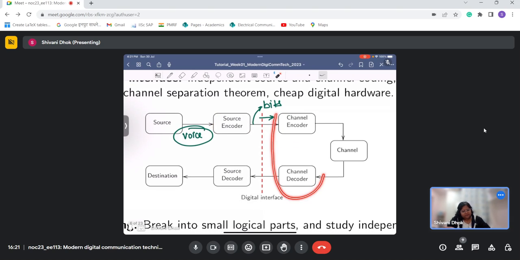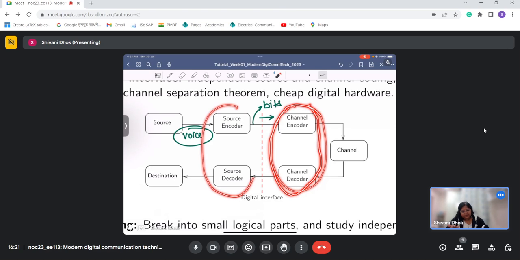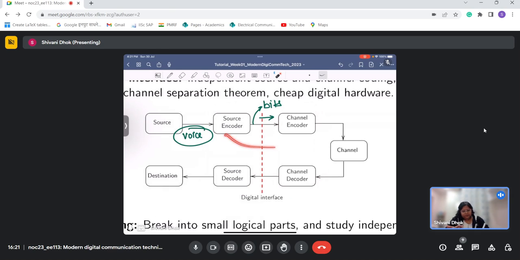However, these blocks should know, since these are duals of each other, how each other functions. Similarly, these are duals of each other, so they should know how they are functioning. But knowledge of the functioning of this may not be needed while designing this. Similarly, how this is designed should not be known by this source encoder.